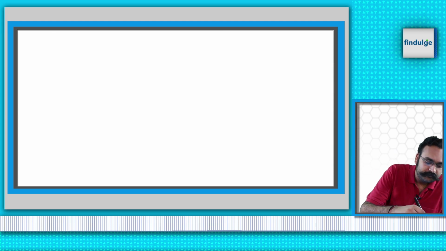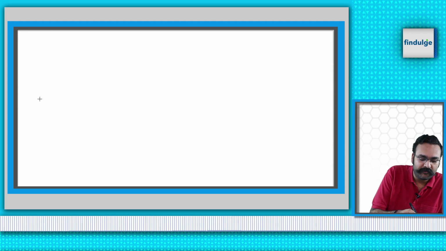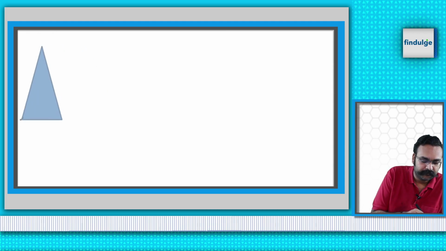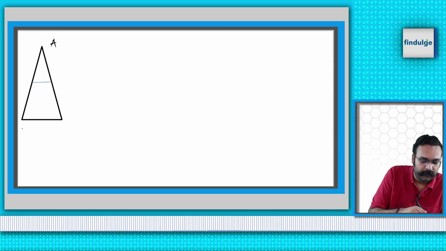Now, first, as we do with all proofs, we will draw our figure. So we have our triangle over here and we'll draw our parallel line through it over here. Now, let's name our triangle. Let it be triangle ABC.